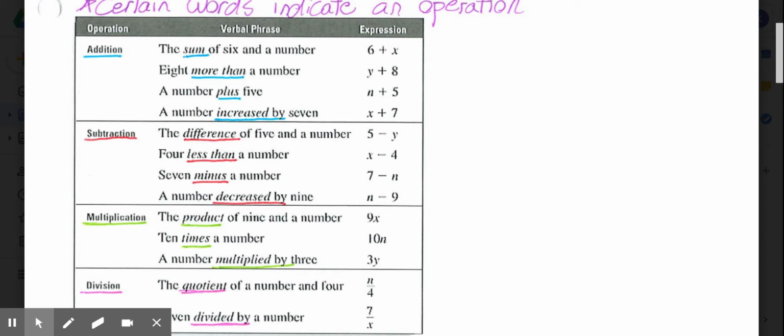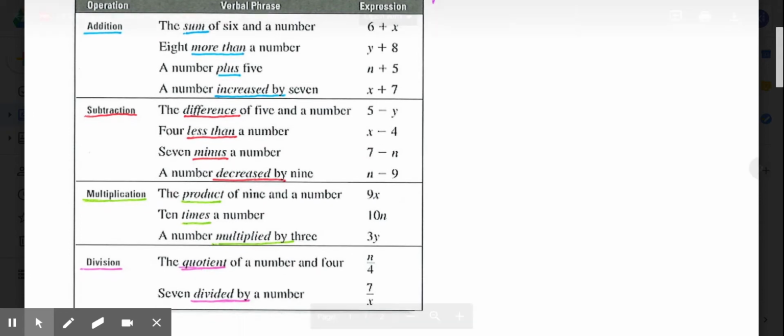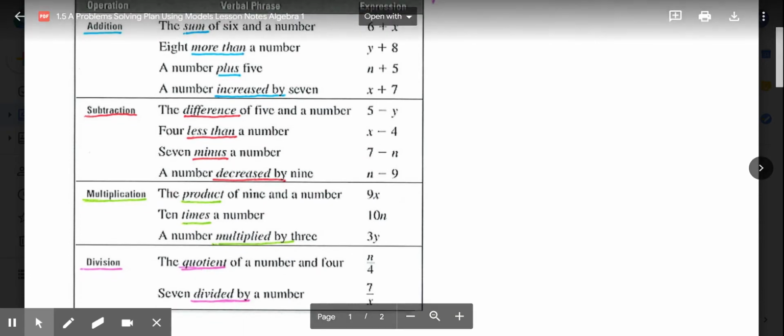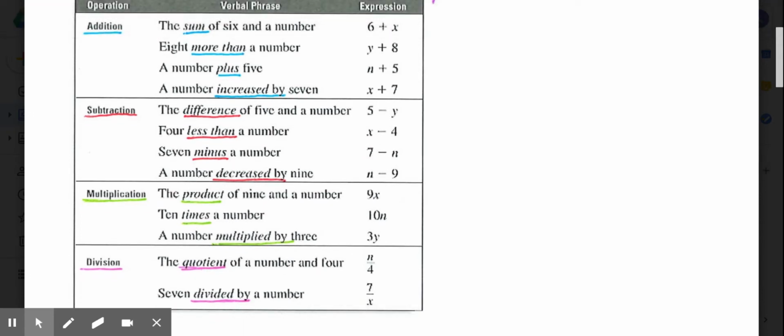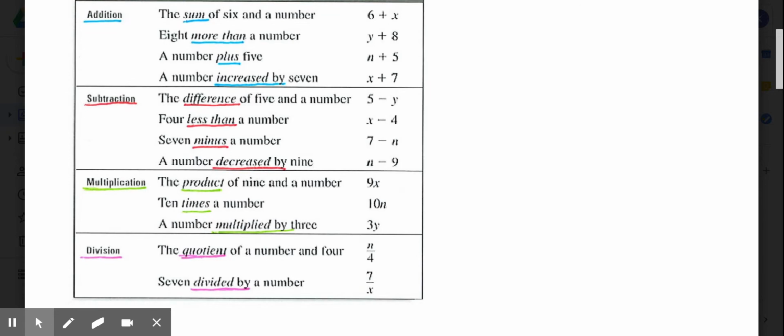It was 7 minus a number, so we'd have to do 7 taking away our variable, so 7 minus n. And a number decreased by 9 would be written as the expression, our variable minus 9. So for subtraction, our keywords are difference, less than, minus, or decreased by.